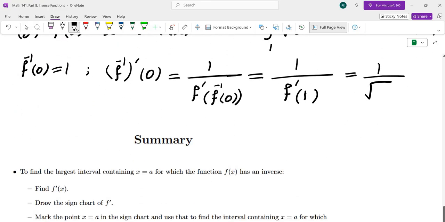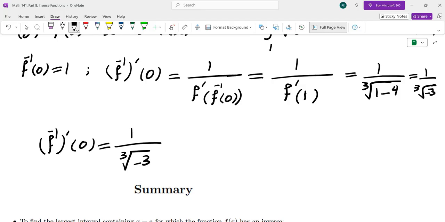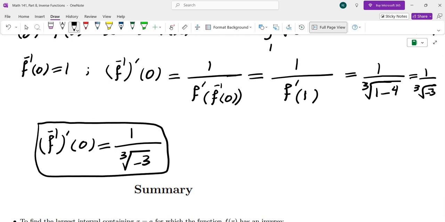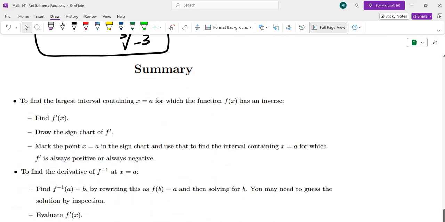So that's 1 over the cube root of 1 minus 4, which is 1 over cube root of -3. So the answer is f inverse prime of 0 is 1 over cube root of -3. You can put the negative sign on top or keep it at the bottom. It doesn't really matter all that much. You can also rationalize the denominator, but it's really not that important.